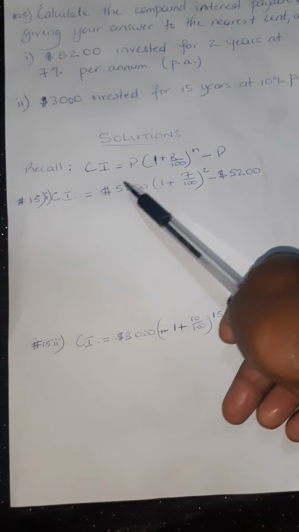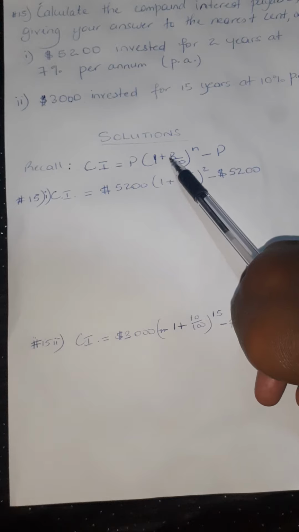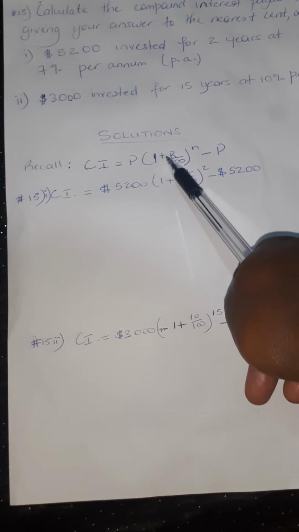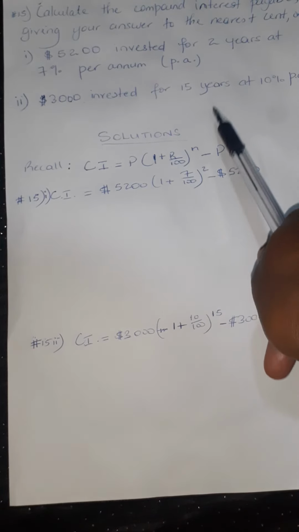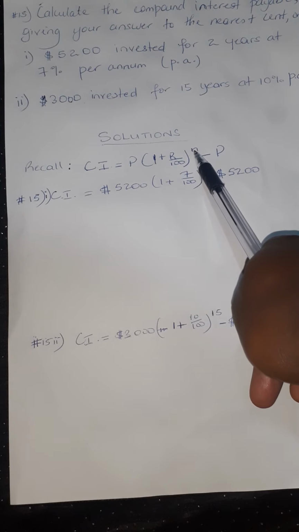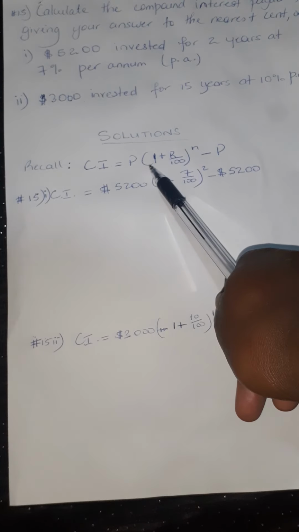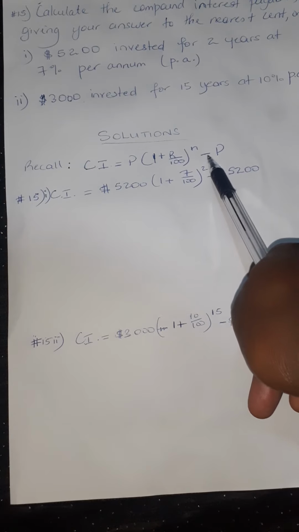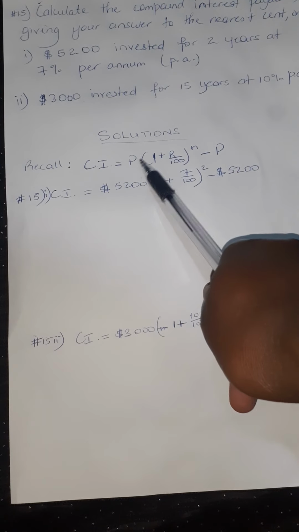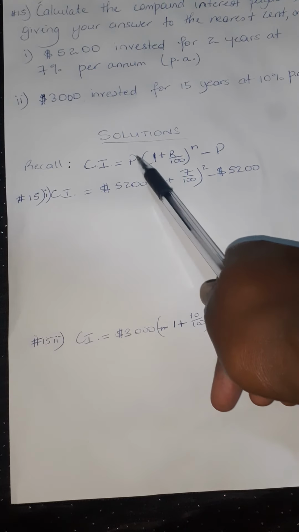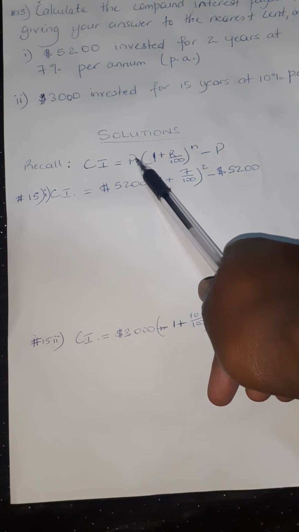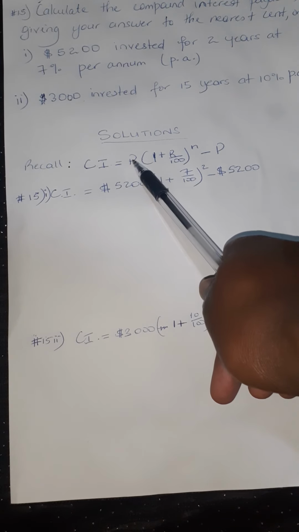Now we know, according to the order of operations, we work what is in the bracket first, then indices or order, then we multiply, followed by subtraction. So before we even do all of that, we need to substitute the values for the variables.